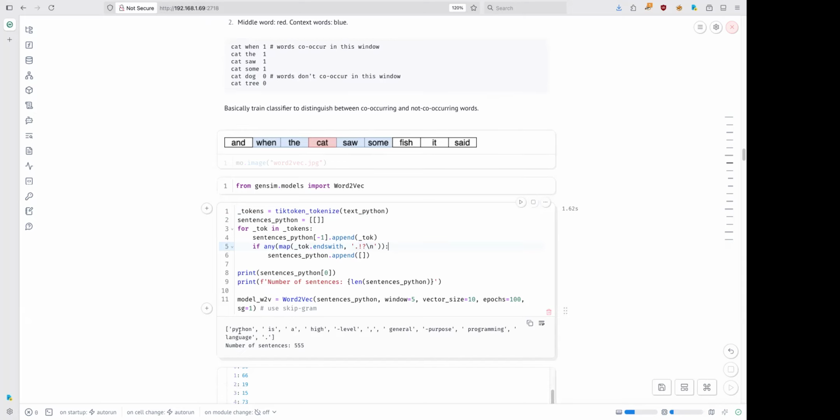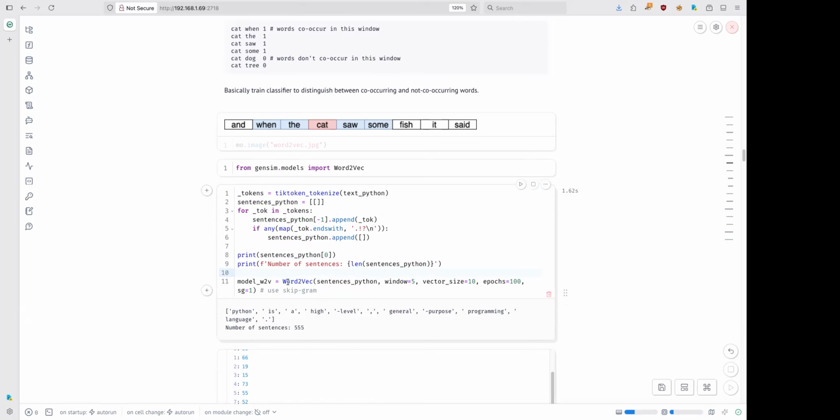As an example, we got this as a first sentence: Python is a high-level general-purpose programming language. These are tokens generated by TikToken, by OpenAI's library. We built the sentences. We have 555 sentences in our text about Python, the programming language.